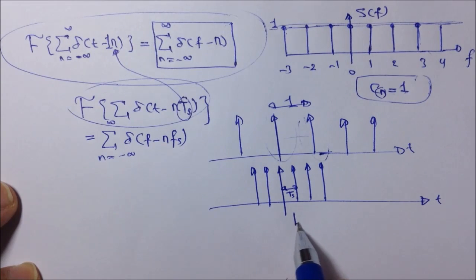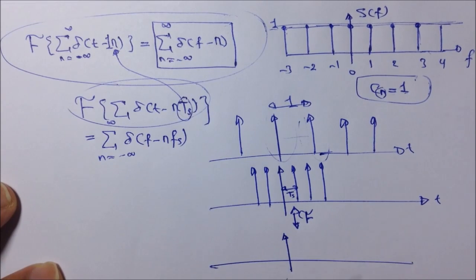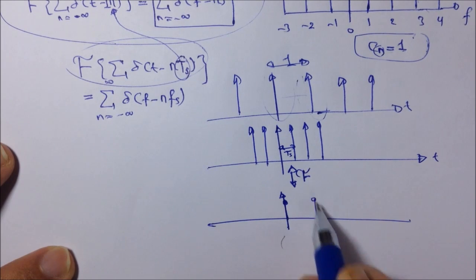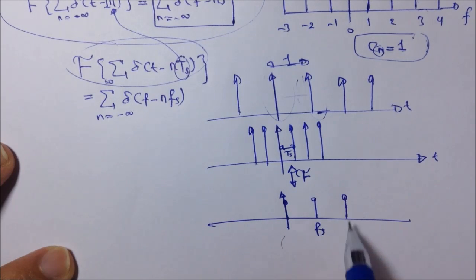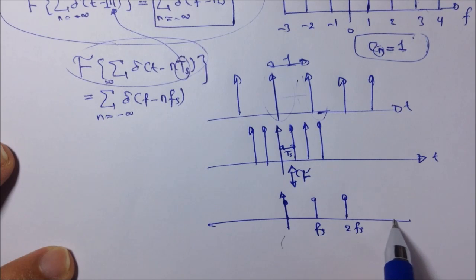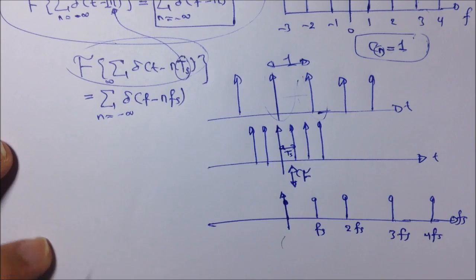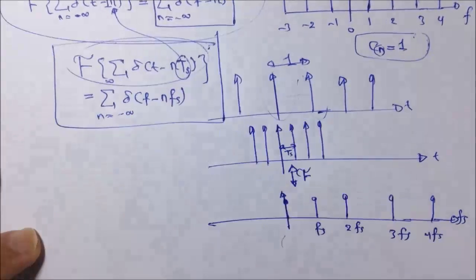So the spectrum of this appears to be, again, at 0 hertz, then at fs hertz, which is 1 over Ts, then at 2fs, 3fs, 4fs, and so on. So with this generalization, we can go back to proceed with our original derivation.